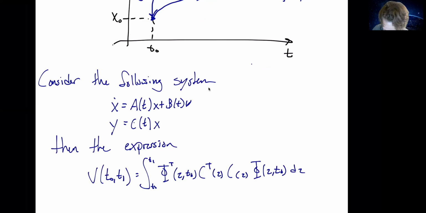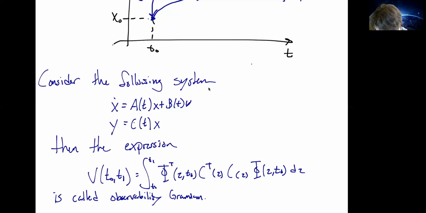Just as with the controllability Gramian, this expression is called the observability Gramian. And so it's similar to the controllability matrix.